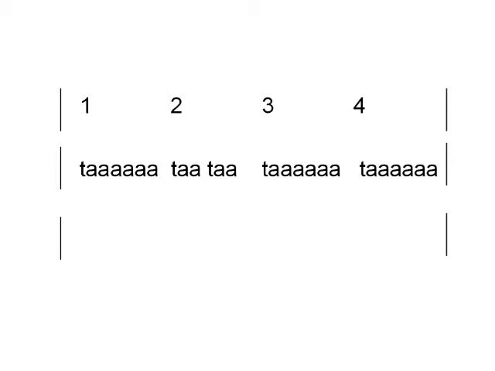I have 2 different sounds, and each sound lasts exactly half a beat. So on the first, on the third, and on the fourth beat, I have 3 different sounds lasting each 1 beat. On the second beat, I have 2 different sounds which last half a beat each.